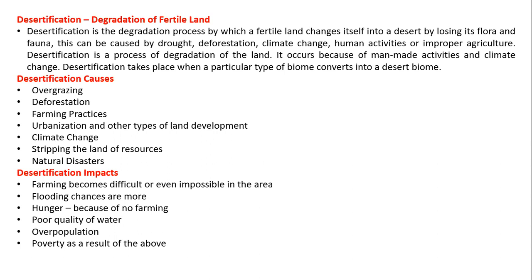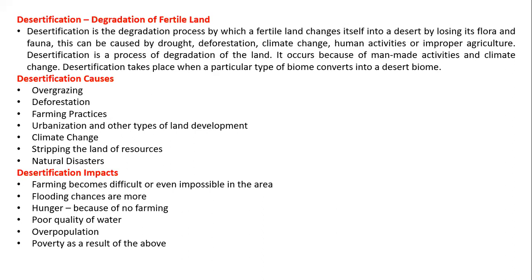Desertification is the process of degradation by which fertile land changes itself into desert. Any fertile land, as I told earlier, contains a lot of manure. Because of the process of degradation, the topsoil is washed out or thrown out to a different region. So the remaining land becomes barren.